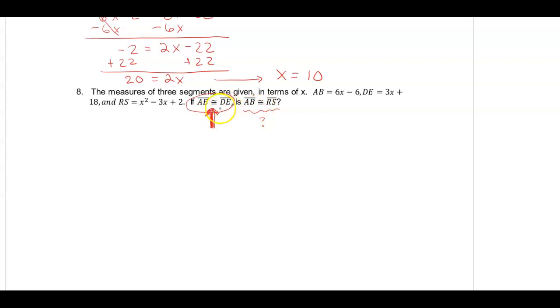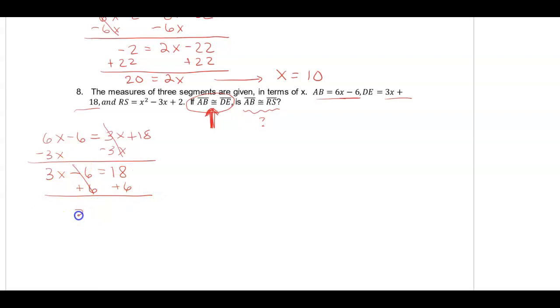Since AB is congruent to DE, that means AB's measure, 6x minus 6, is equal to the measure of DE, which is 3x plus 18. So I'm going to solve for x here and use that value for x. So 3x minus 6 equals 18. Add 6 to both sides. So I'll get 3x equals 24, which means x is 8.